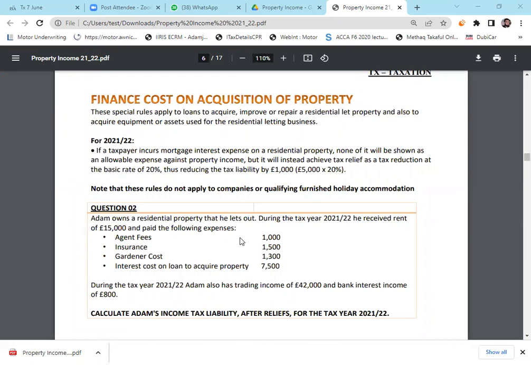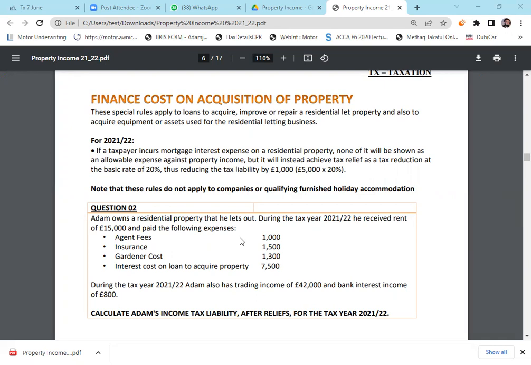Simple. You don't have money and you want to buy a property in order to start your rental business. You went to the bank, you took a loan, and you bought a property in order to earn money through rental income. So the bank is going to charge you interest or no? Yes, the bank will charge interest.